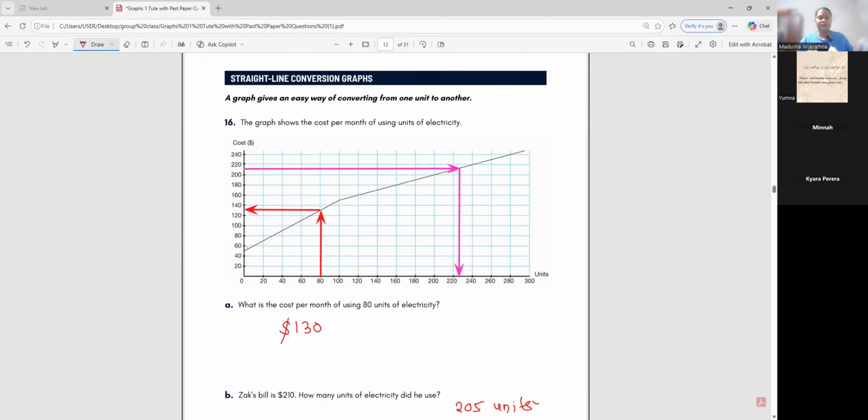If they have given an equation, they should give two equations. One equation for this line and the other equation for this line. Two equations, not the same equation. This is another application of straight line graphs, converting one unit to another.